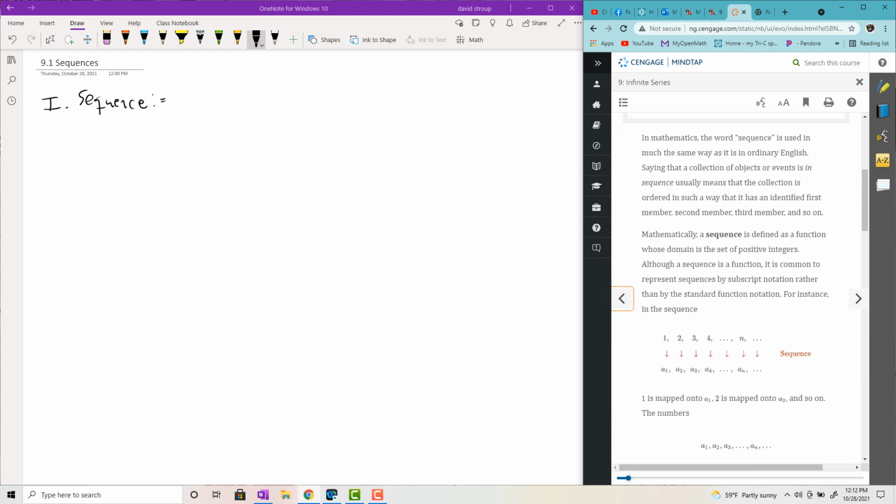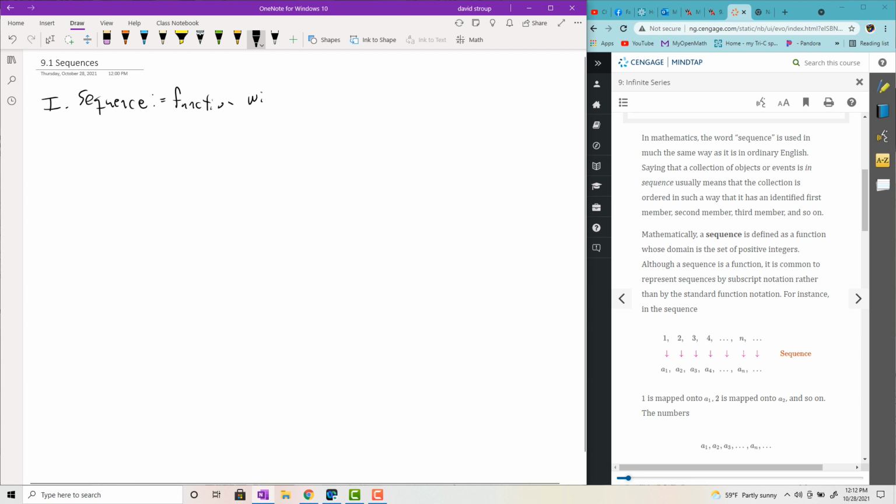Okay, so here we are, sequences. Mathematically, a sequence is defined as a function whose domain is a set of integers. So a sequence is a function with the domain restricted to the integers.